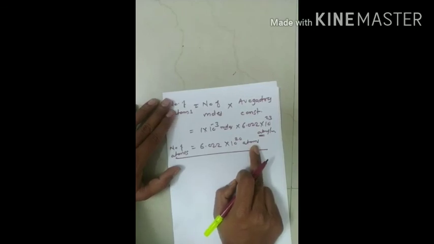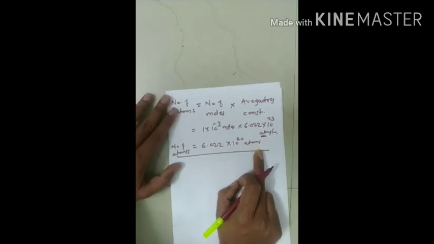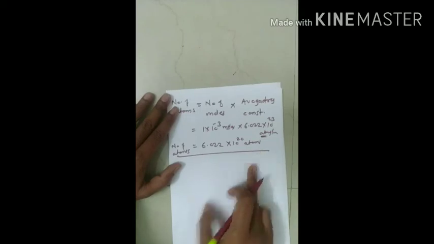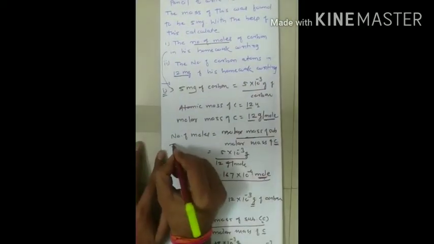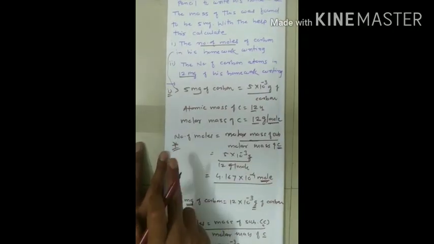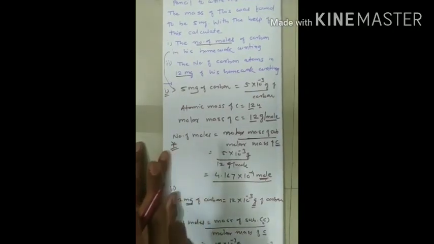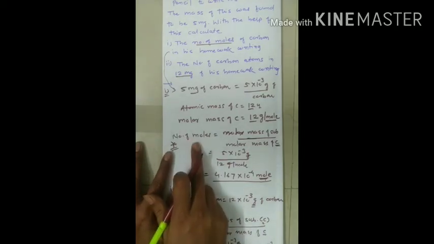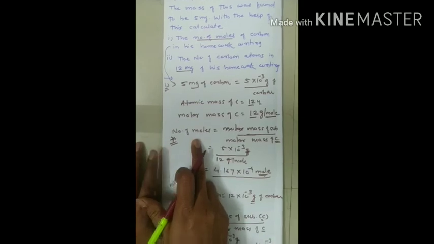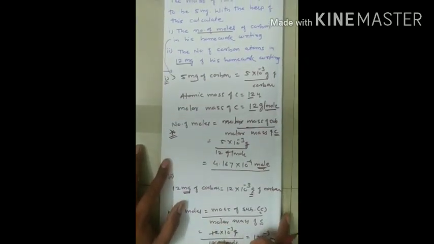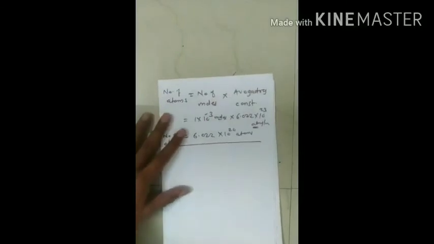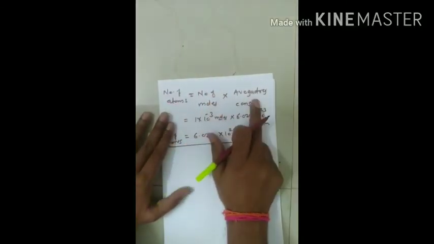So this is how you can easily solve the questions and get the answer in a very short way. We have used this formula in the previous 2 to 3 examples, and I am repeating again and again, this formula is most important. Whether they ask you to calculate the number of atoms or the number of molecules, you first calculate the number of moles, then number of atoms equals number of moles into Avogadro's constant.